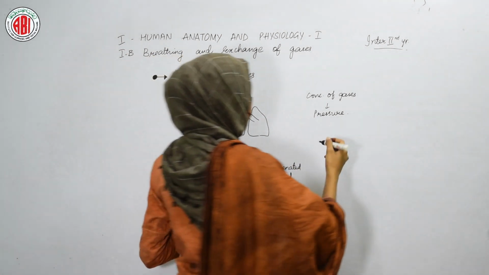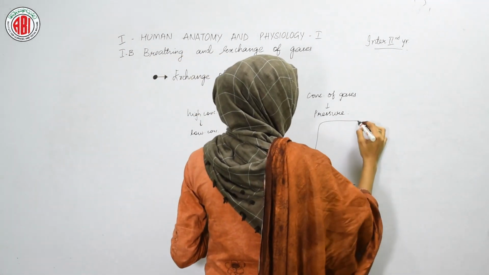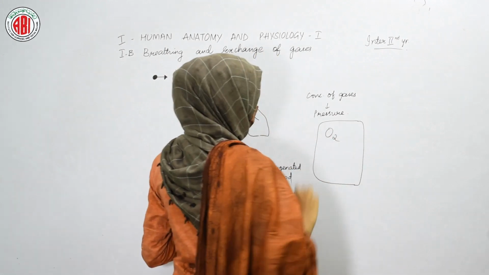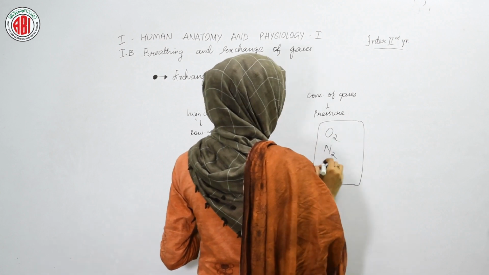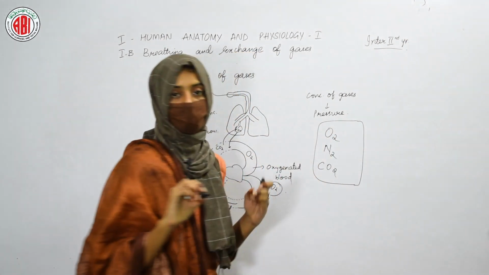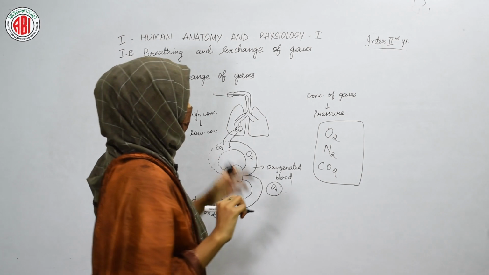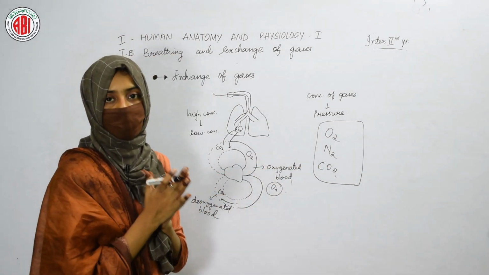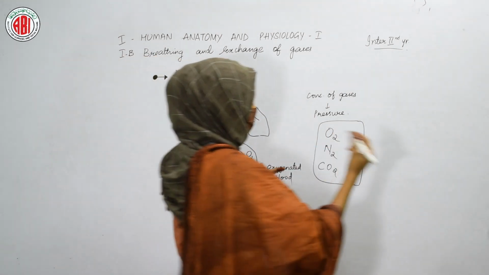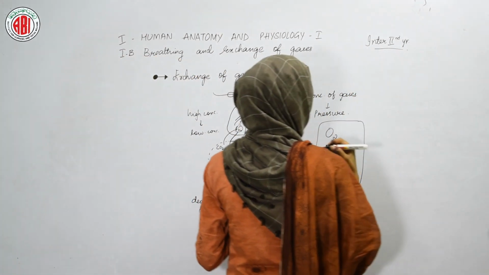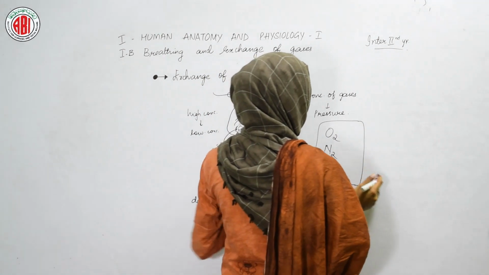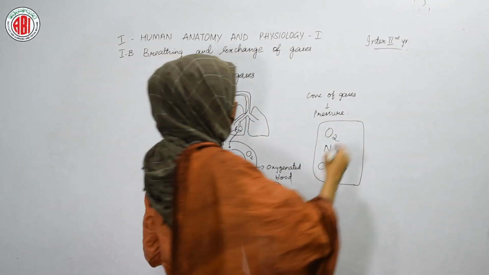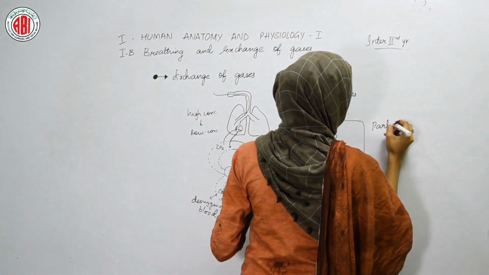For example, if O2 is present in the air, nitrogen is present, and carbon dioxide is also present in the mixture, that is, in the atmospheric air. When we find a combination of different gases in the air, the concentration of the gases can be termed as their partial pressure.